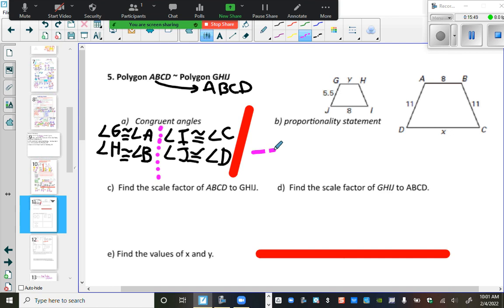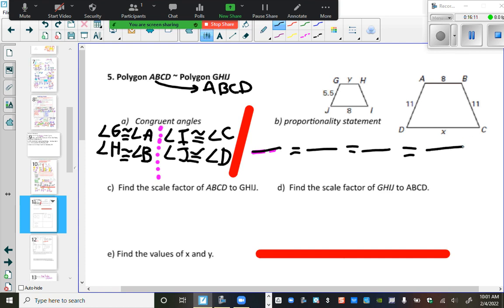Well, how many total sides do we have for both of these polygons? How many total sides? 4. So we're going to need 4 parts of this proportionality statement.